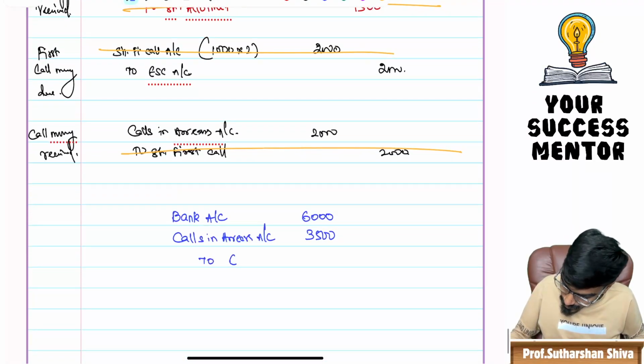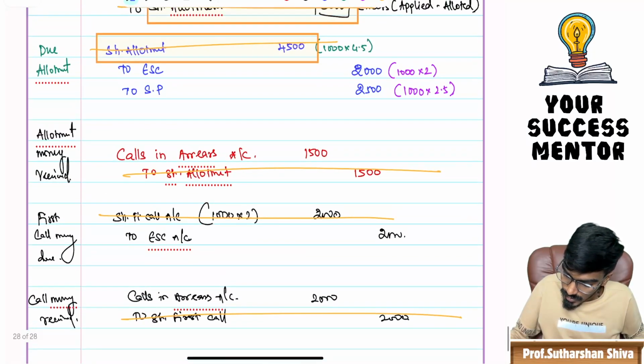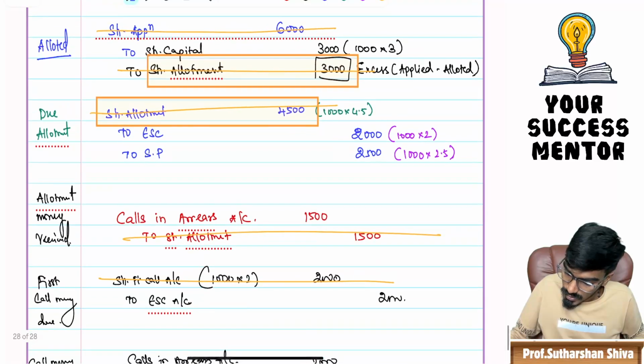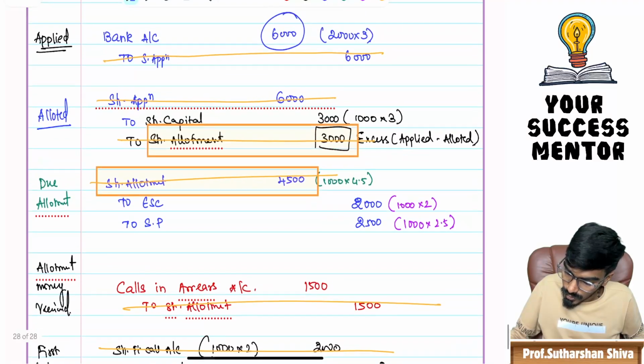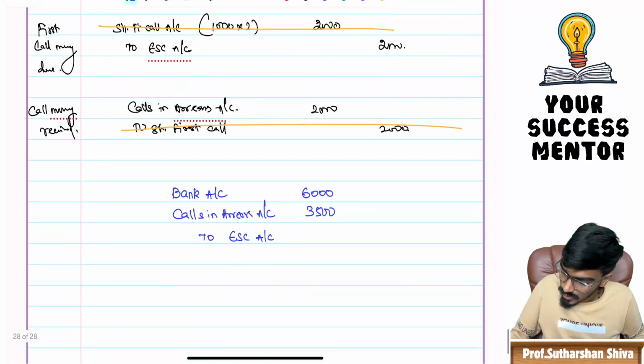Then what is the equity share capital? Share capital. 2,000, and they will get 2,000, 4,000, 3,000, 7,000. Correct?